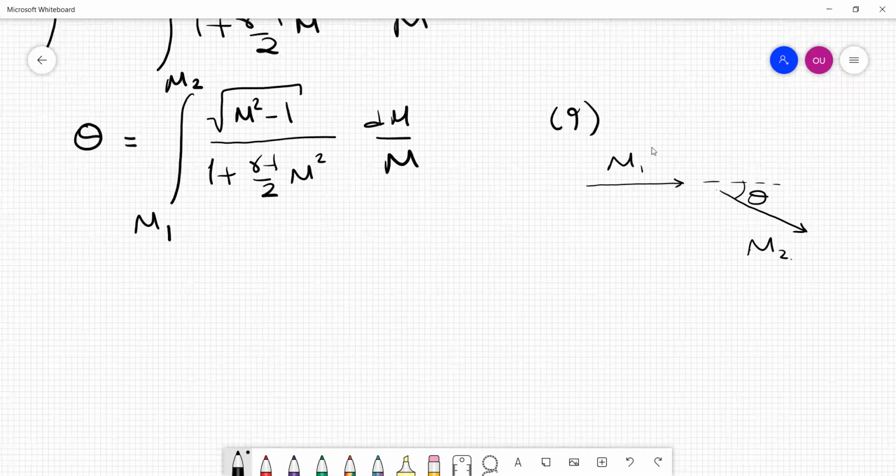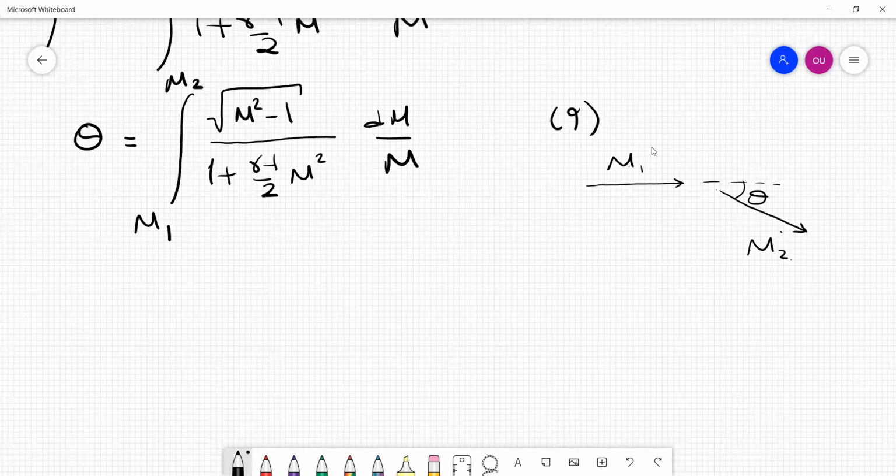So either somebody gives you M1 and M2, you can calculate theta, or after the integration of this equation, somebody gives you M1 and theta, you can try to estimate M2. So you see how this is going to be useful in our expansion fan calculation.